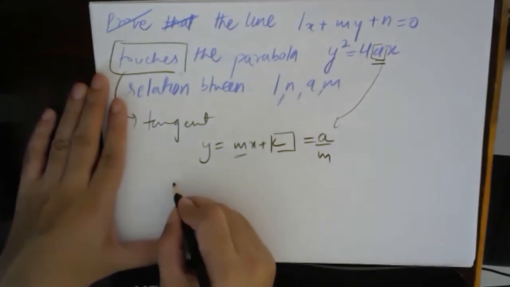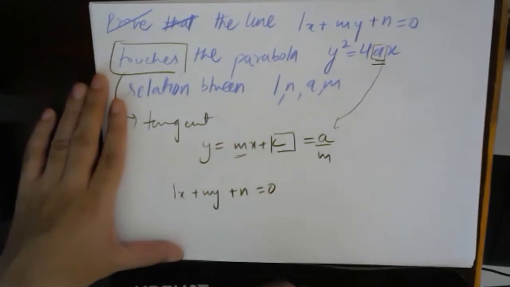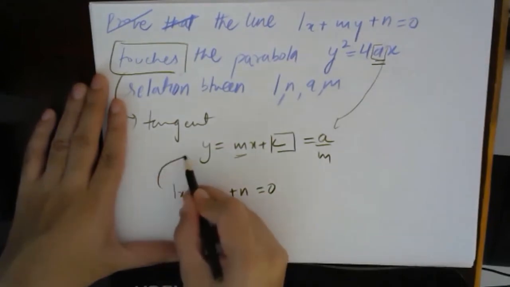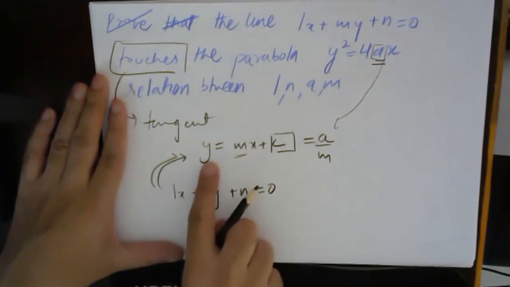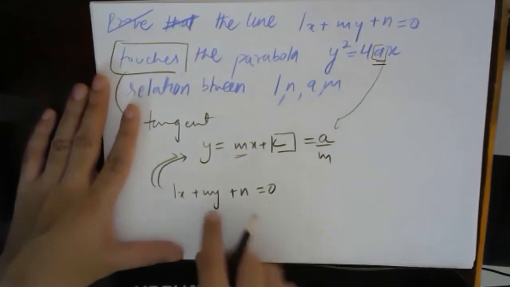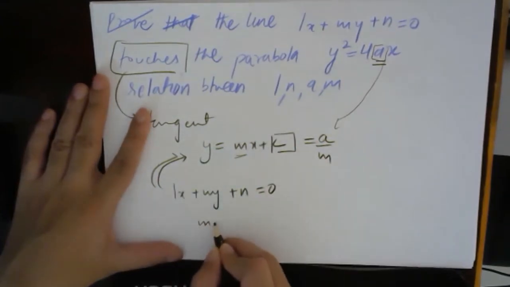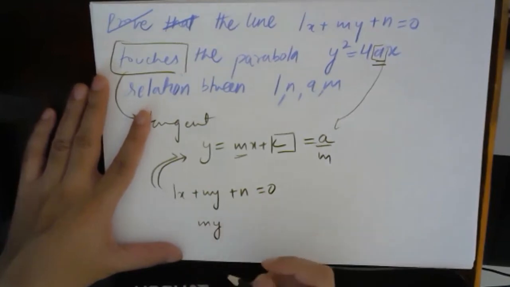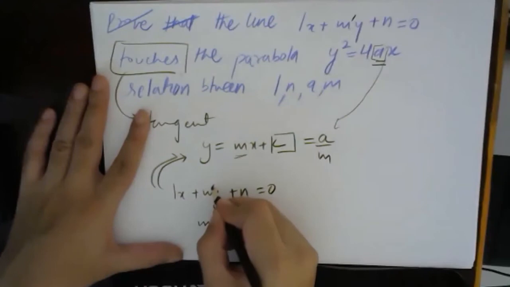The line given to us is lx plus my plus n equal to 0. I will convert this line into this form, which means the coefficient of y should be 1. So I will take this as m dash so that you won't get confused.